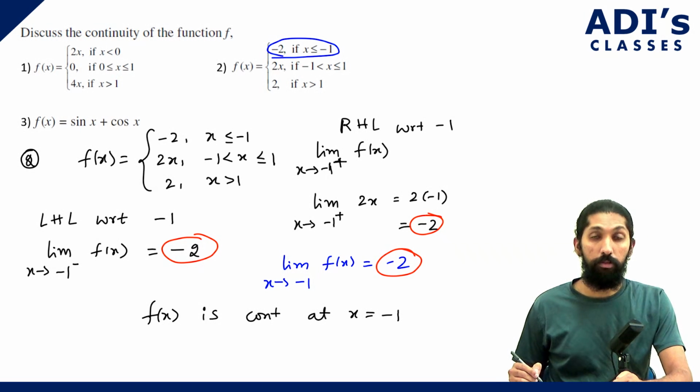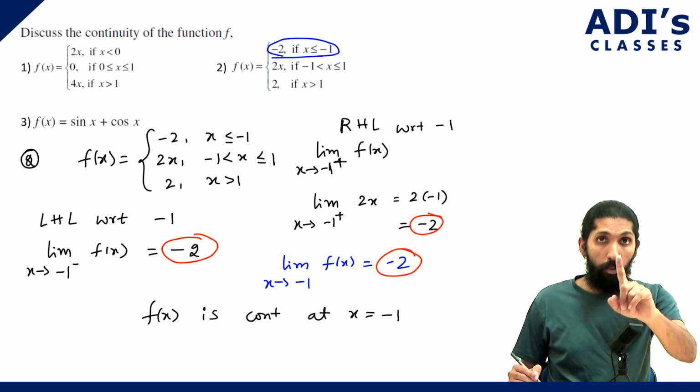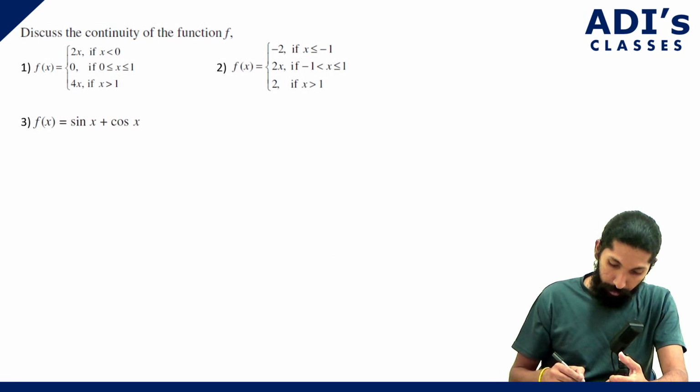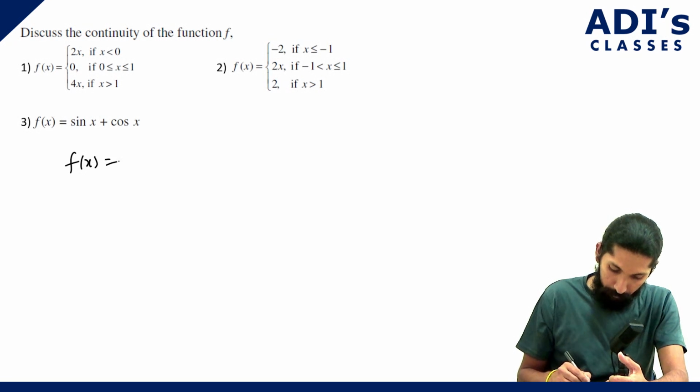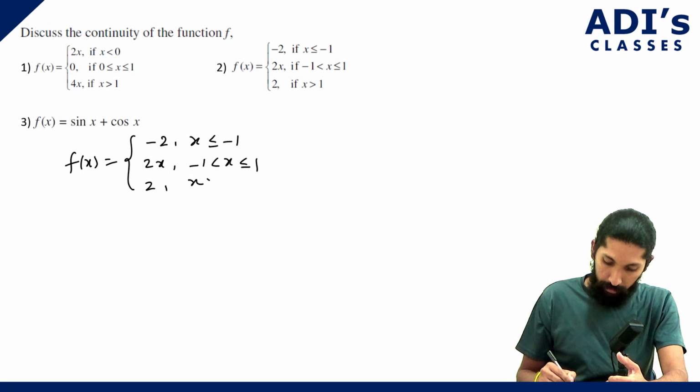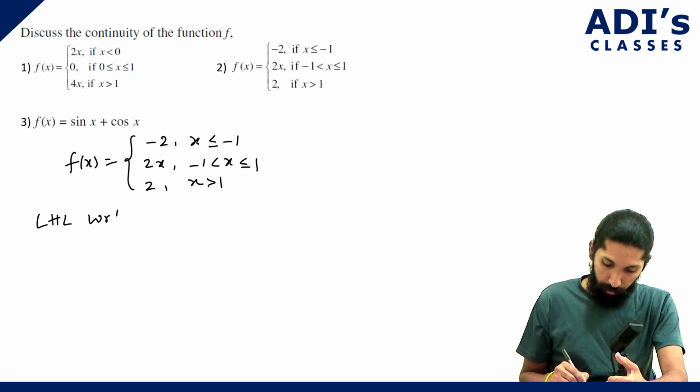So now we'll go for x is equal to 1. Now what do we have? We are going to take again f of x, minus 2, then 2x, and then finally 2 when x is greater than 1. Right? Now LHL with respect to 1. Limit as x tending to 1 minus f of x.